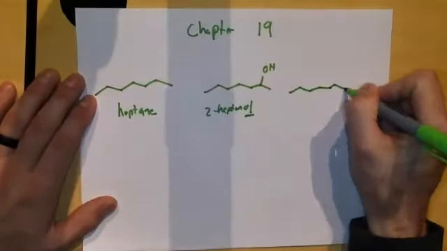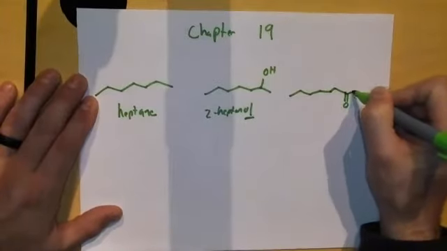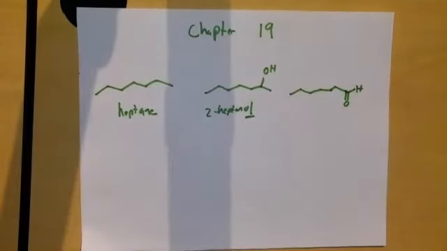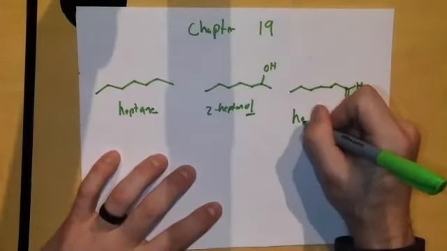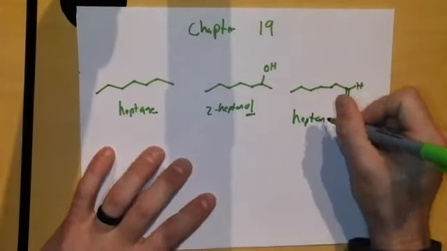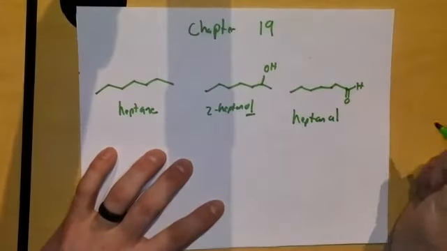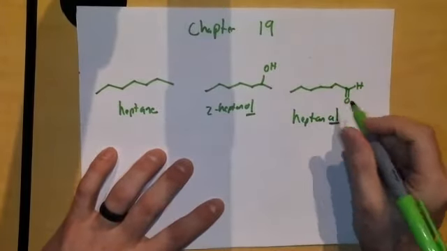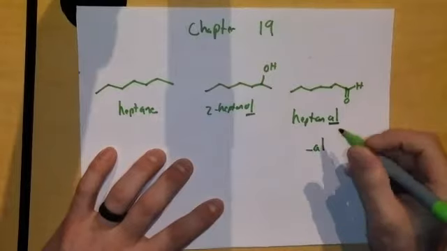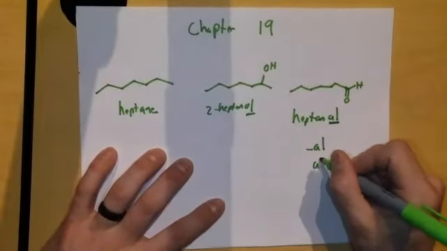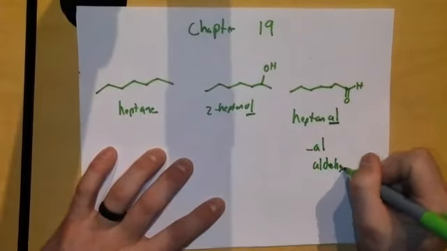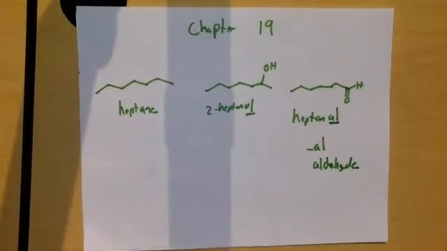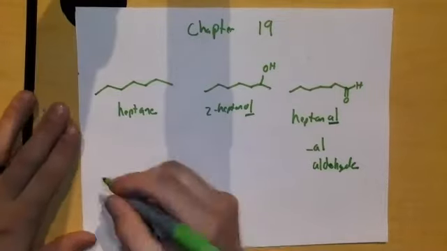So this here, we have 7 carbons and an aldehyde at the end. This is going to be hept and al, so AL for aldehyde. For ketone, our suffix is going to be -one.